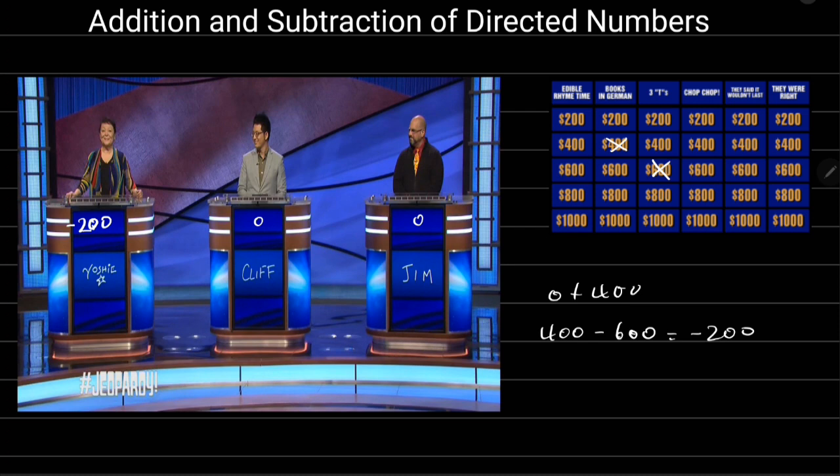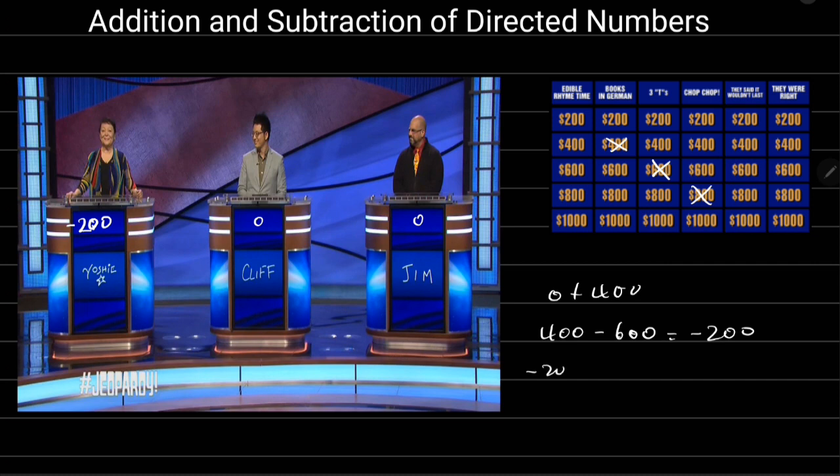Nobody answers the question, so it's Yoshi's time to choose again. She decides to switch it up, and she goes to chop chop for 800. The question pops up, Yoshi is excited again and answers, and once again she answers incorrectly. So that means you now have to minus $800 from the negative 200 she already has.